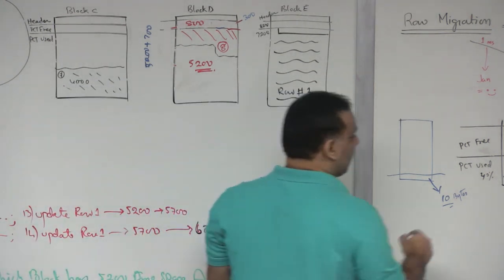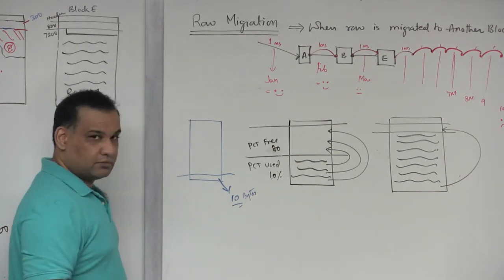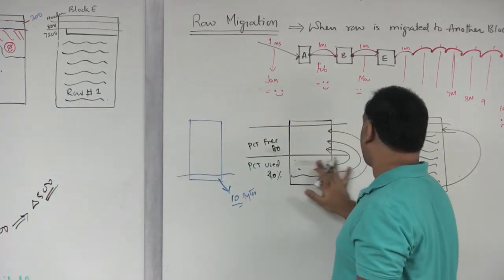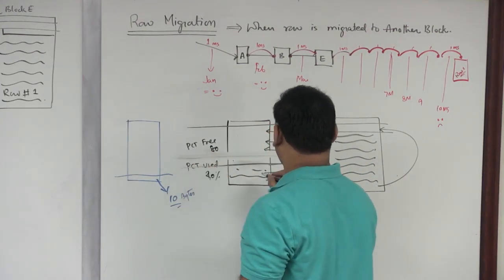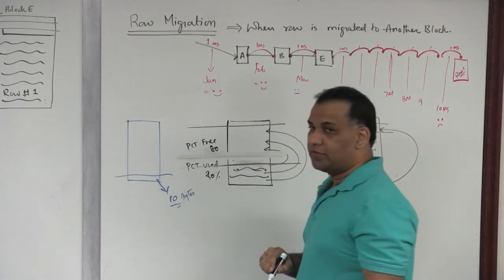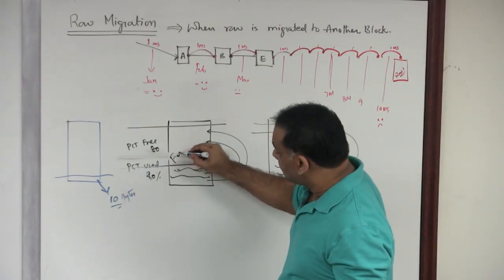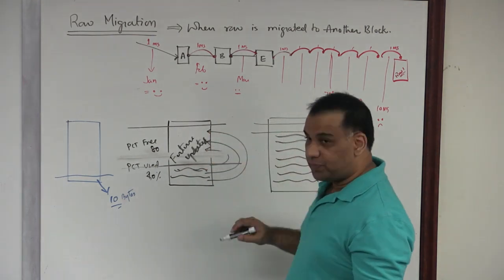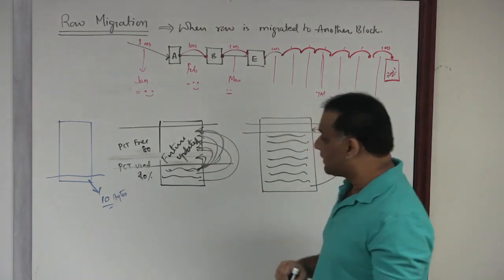So in that case, I would probably go with 80% free and 20% used. I'm only keeping 2 or 3 rows in here, and I'm leaving this much space for future updates. So even if it needs more space, it is still going to play around in the same block instead of the row migration happening.